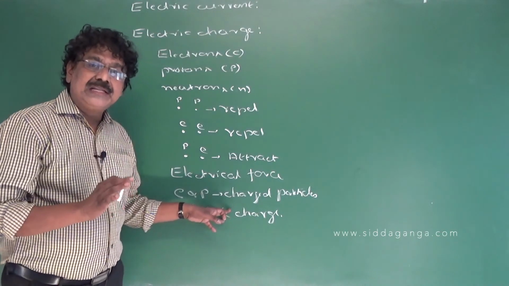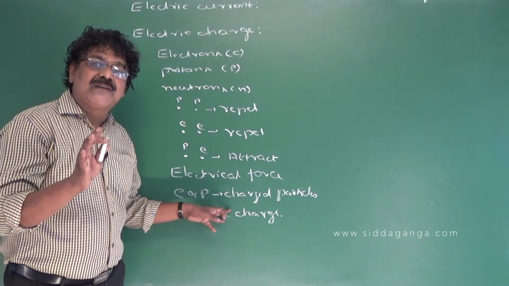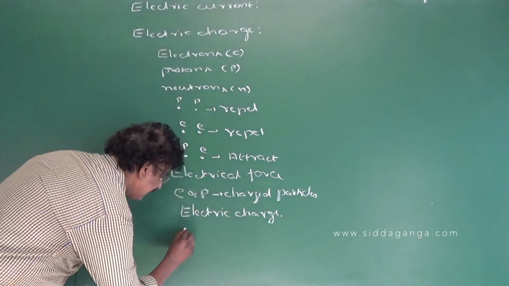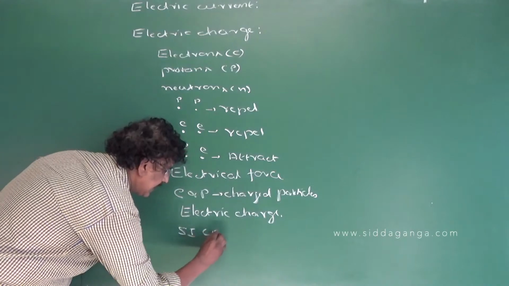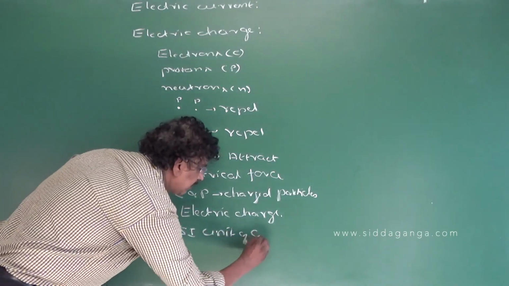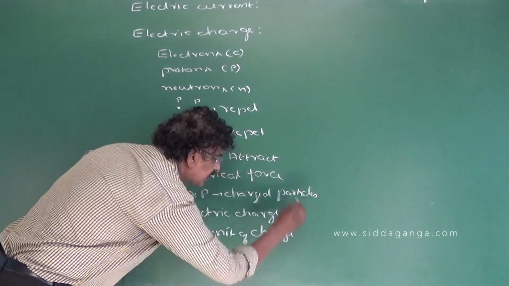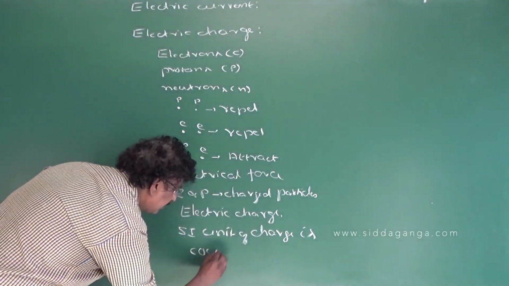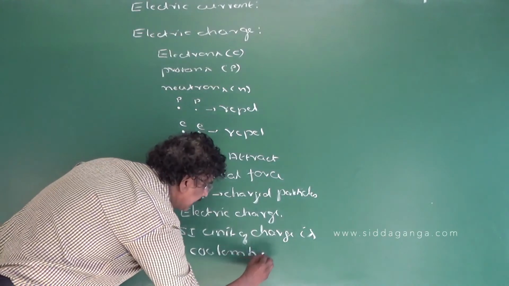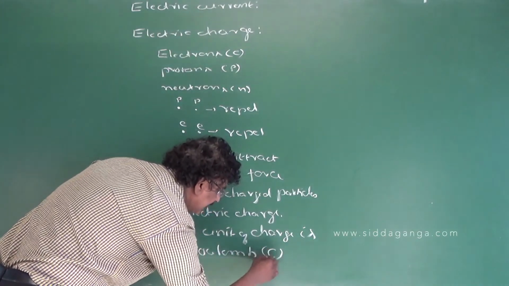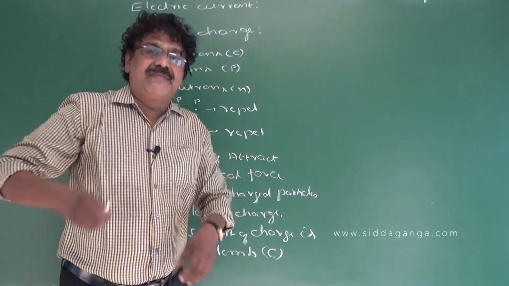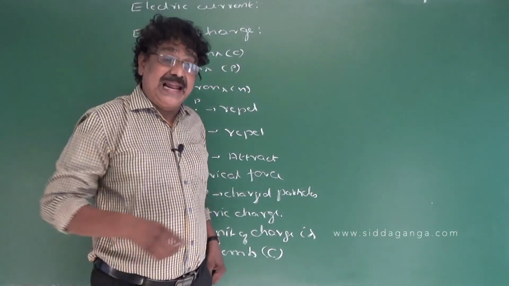The SI unit of electric charge, or simply charge, is coulomb, and it is represented by the symbol capital C. We will define coulomb later.